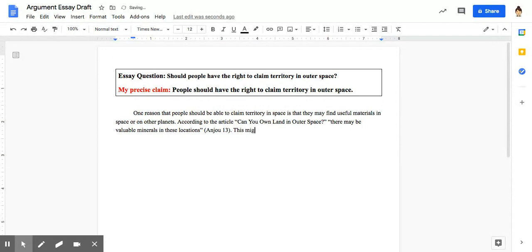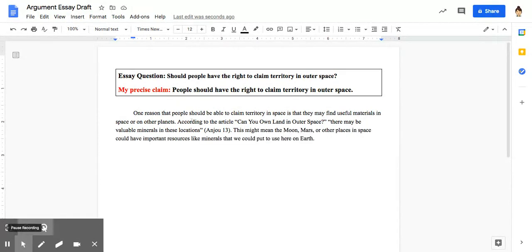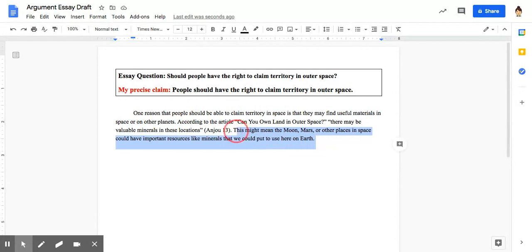So this might mean the moon, Mars, or other places in space could have important resources like minerals that we could put to use here on Earth. So this is my paraphrase right here. I've put the evidence into my own words using something like this means or this shows. That just makes it very clear that I am paraphrasing.